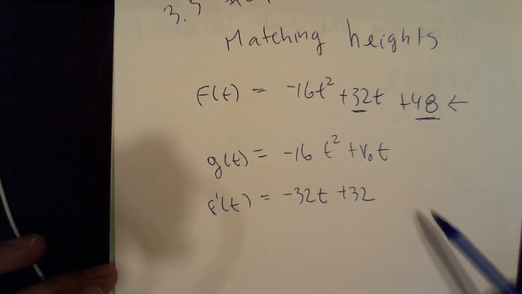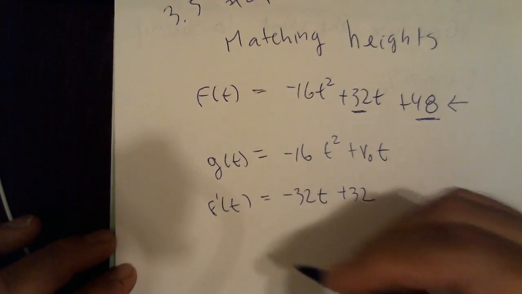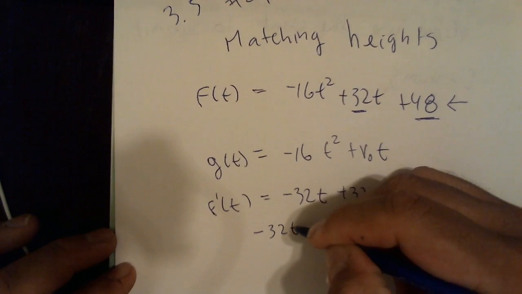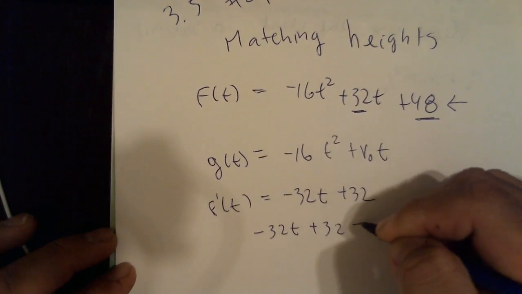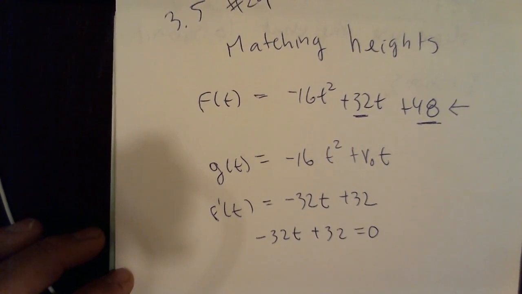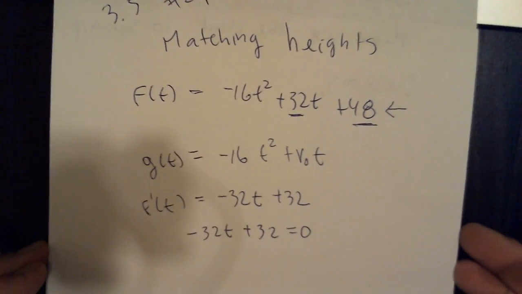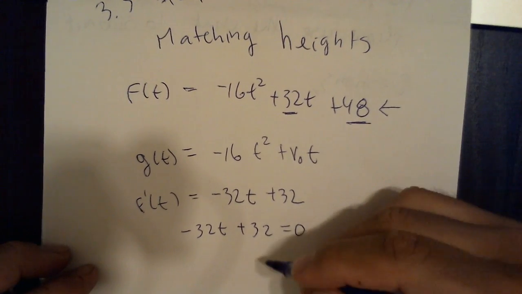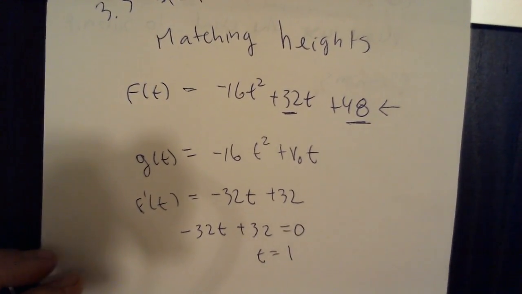I'll set it equal to 0, which tells me when the velocity is 0, that is, when it has reached its maximum height. Solving for t, we can see that t is equal to 1.